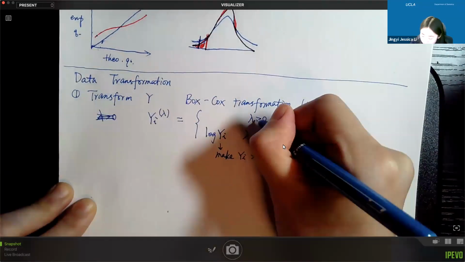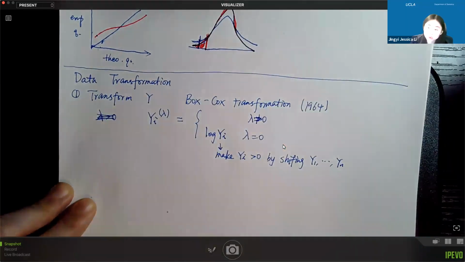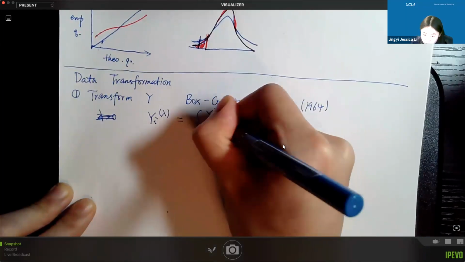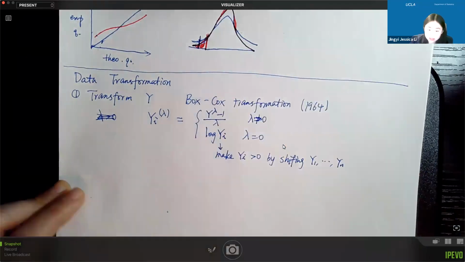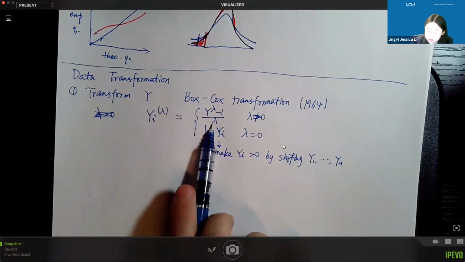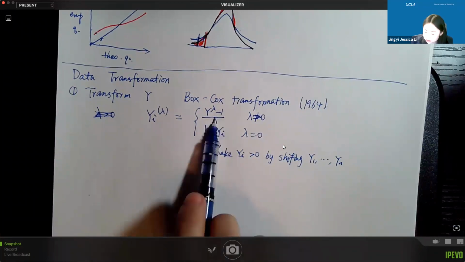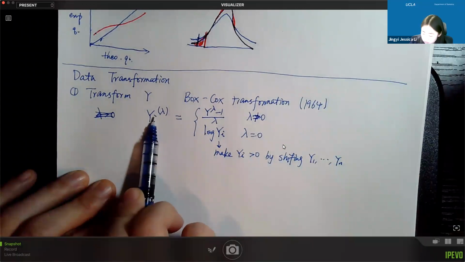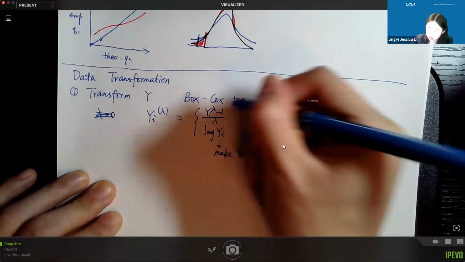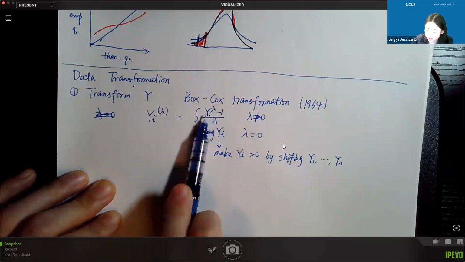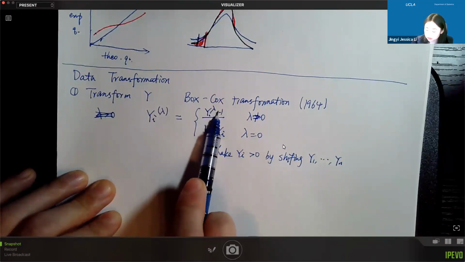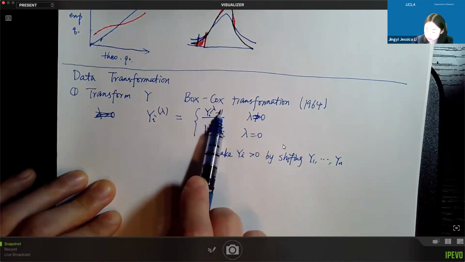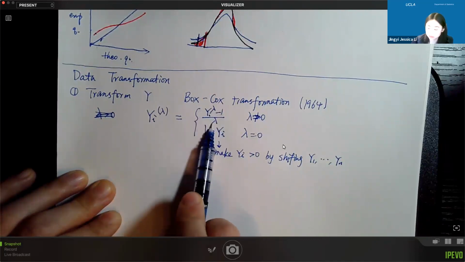For lambda not equal to 0, you do a power transformation. That is, you do (y_i^lambda minus 1) divided by lambda. You can see why we want to do this. The reason for deriving this form is that if you take the derivative with respect to y_i, the numerator becomes lambda times y_i to the power lambda minus 1, and that lambda will be canceled with the denominator.